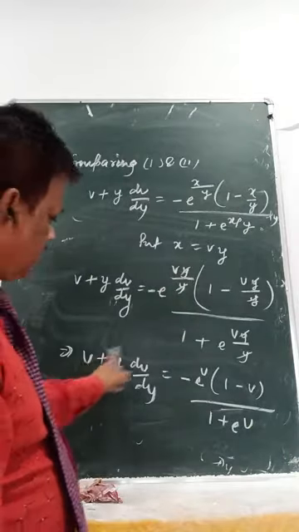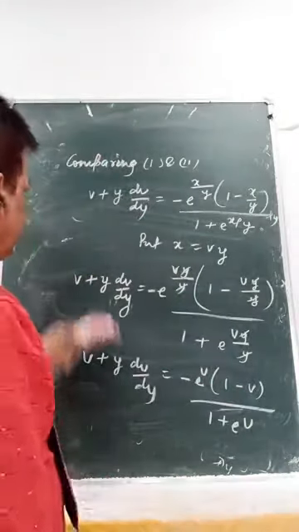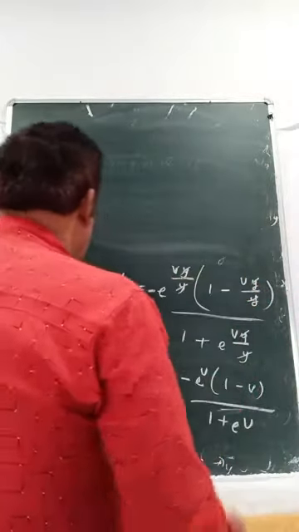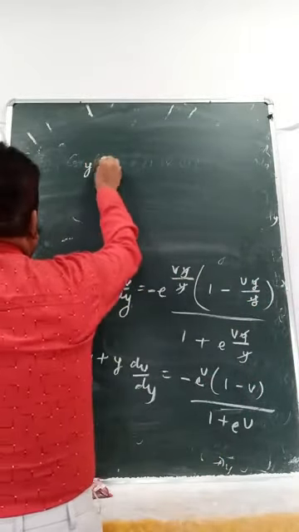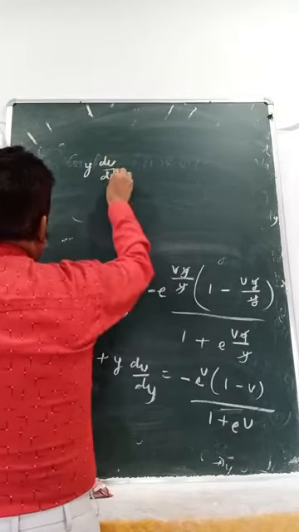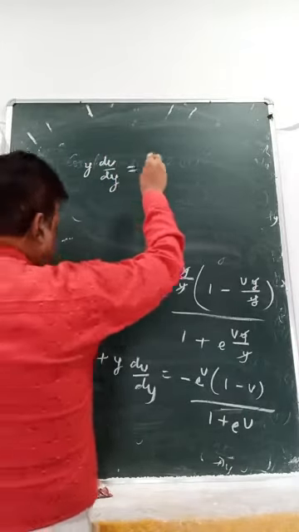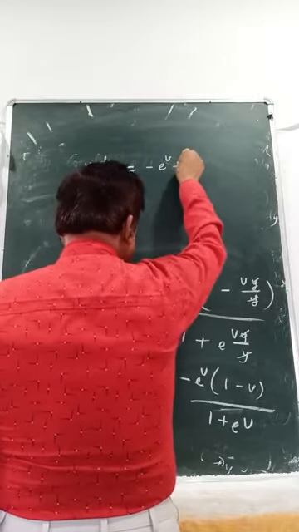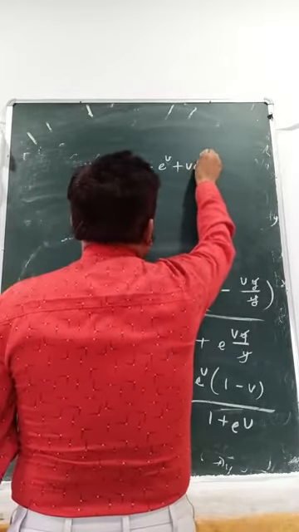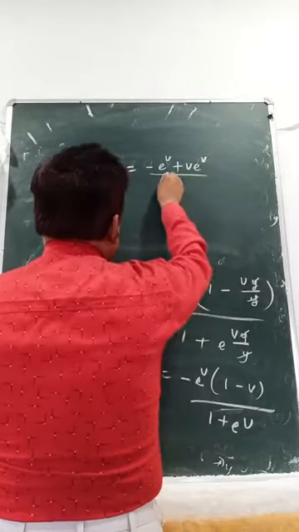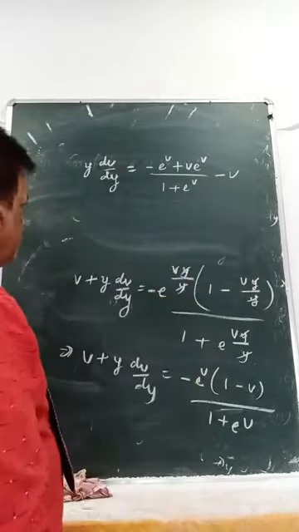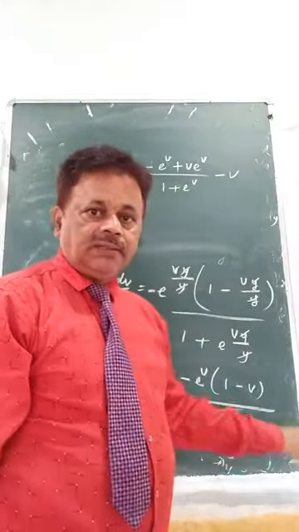So that v will go that side. So y dv by dy equals minus e to the power v plus v e to the power v, by 1 plus e to the power v, minus v. That v has gone that side.